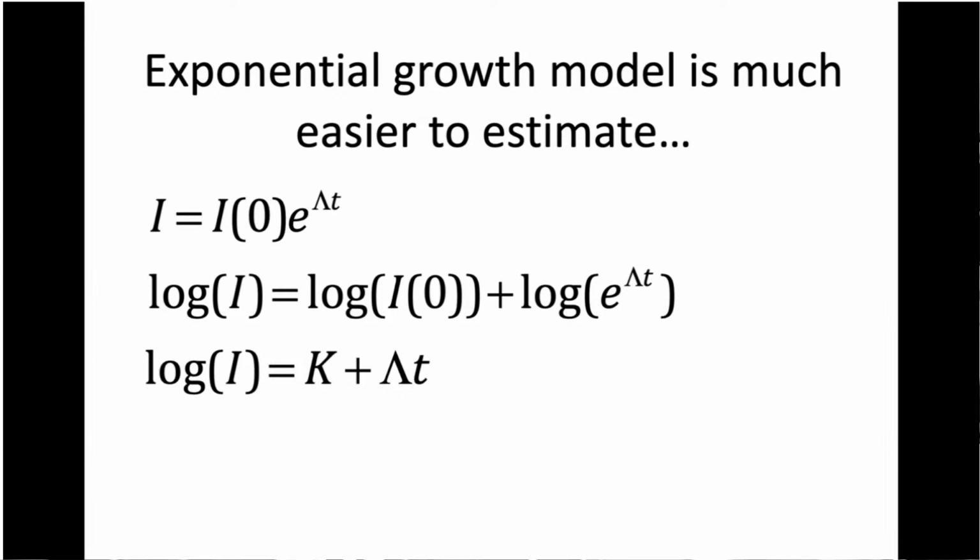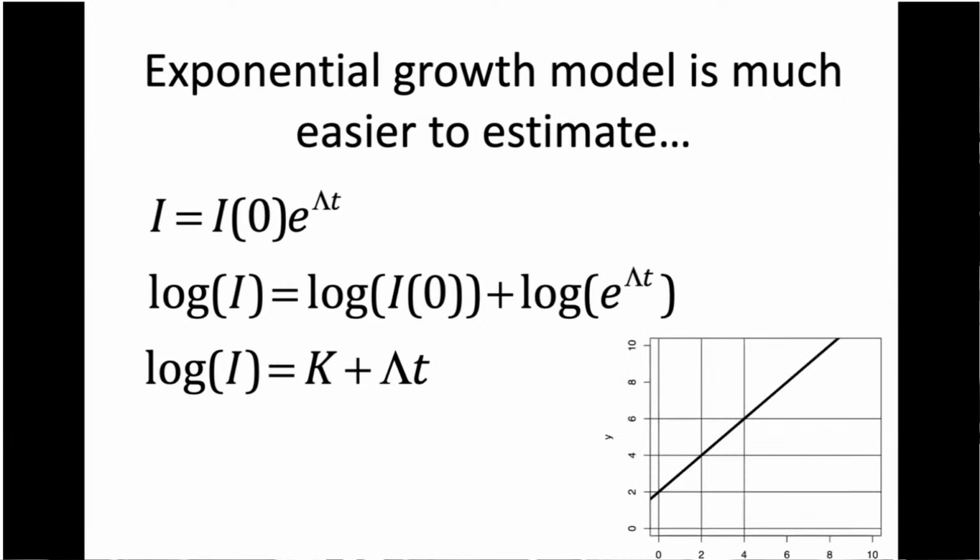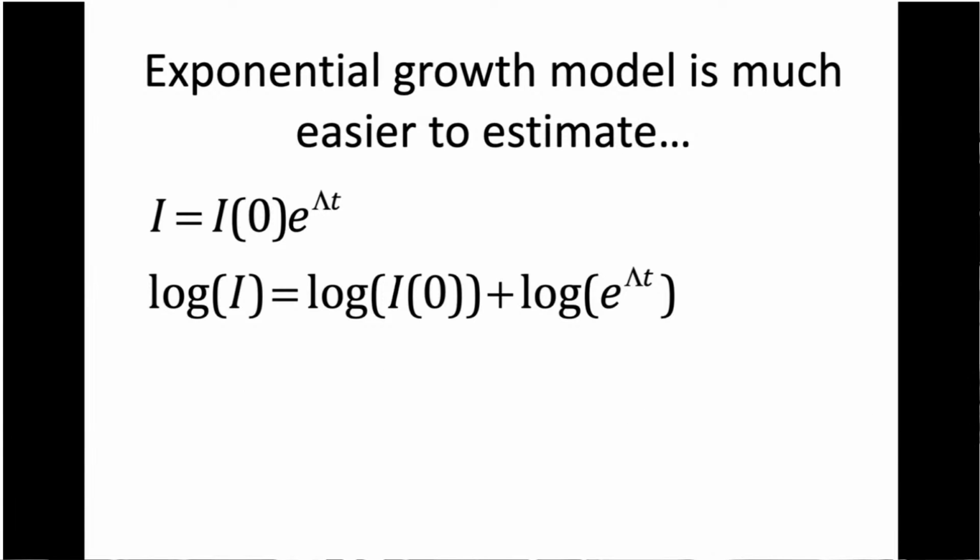And then this becomes really a linear equation. So the log of the number of infected over time can really be a linear function with a constant, the rate of exponential growth, and time. So if you're able to estimate that rate, then you can come back here.